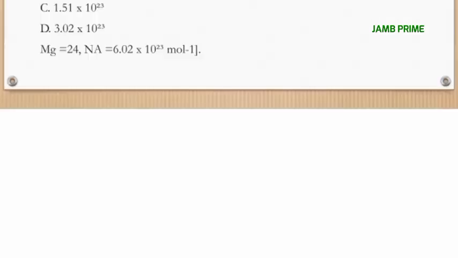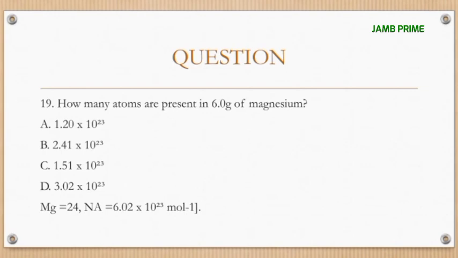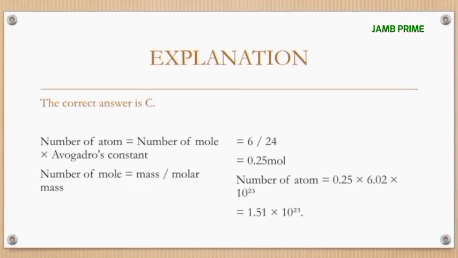But they didn't give you the mole in this question. So to get your mole, mole equals the reacting mass all over the molar mass. The reacting mass here is 6 grams, and the molar mass of magnesium is 24 grams. So 6 all over 24 will give you 0.25 mole.